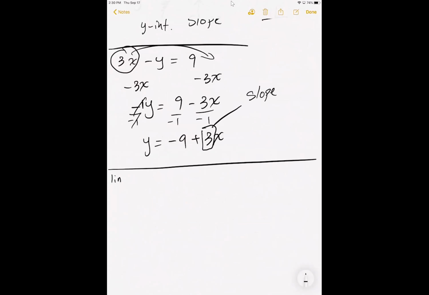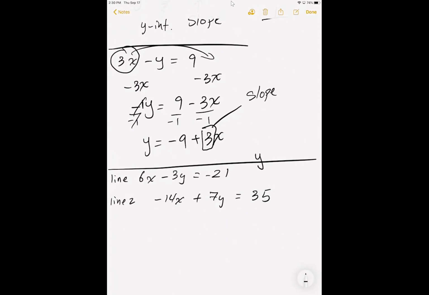So C, line 1, they give you 6x minus 3y equal to negative 21, and your line 2, they give you negative 14x plus 7y equal to 35. Okay, so same idea, same goal.